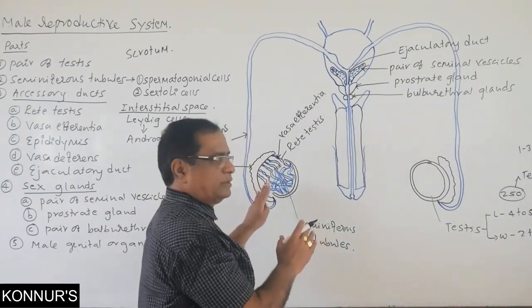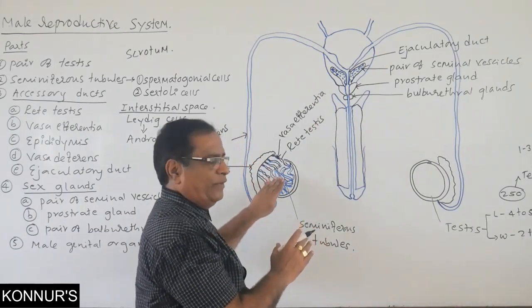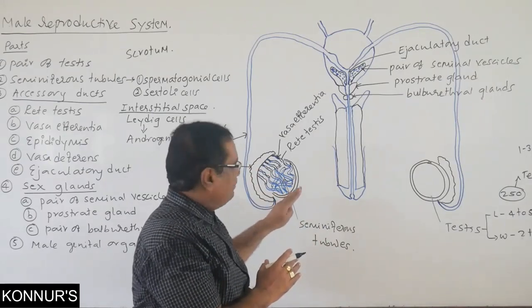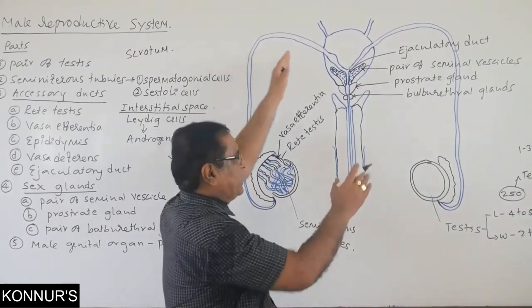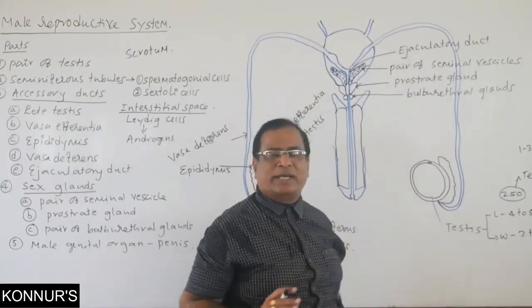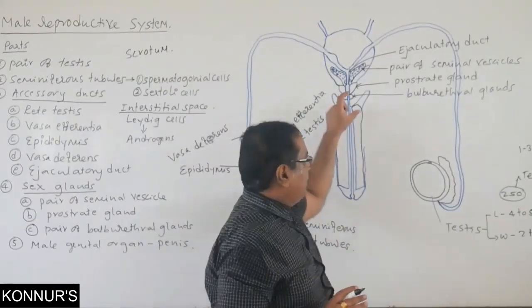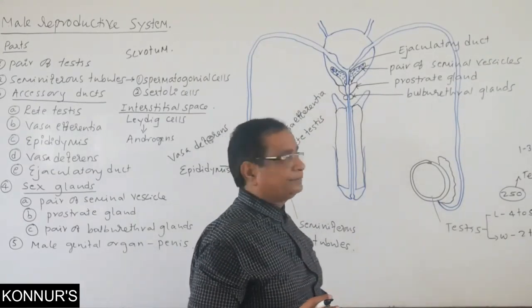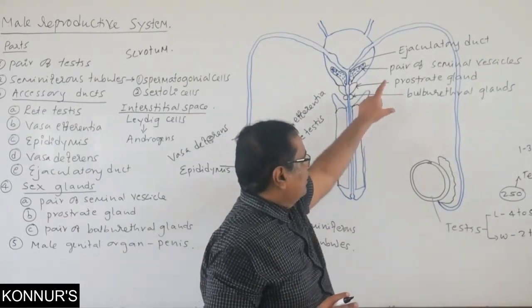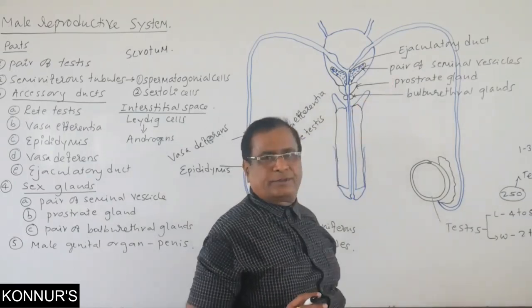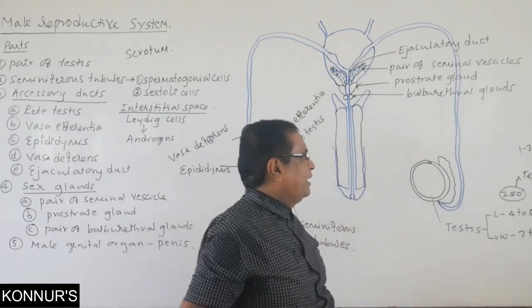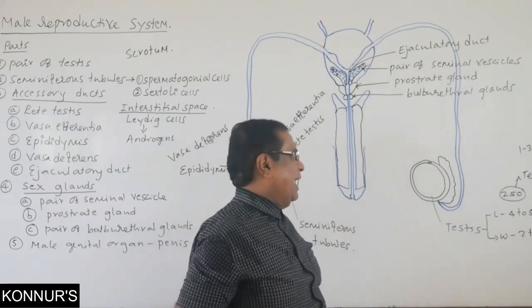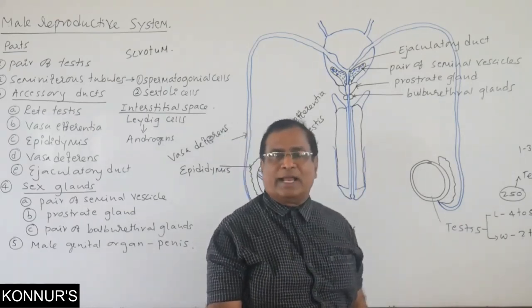Sperms which are produced in the seminiferous tubules of the testes come to the epididymis, and through the vasa deferens they come to the ejaculatory duct. And here there are three groups of sex glands: a pair of seminal vesicles, the prostate gland, and the bulbourethral glands.